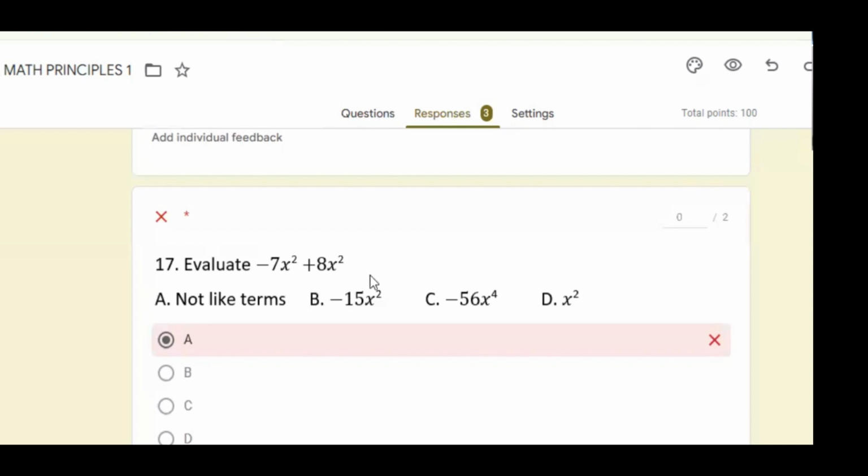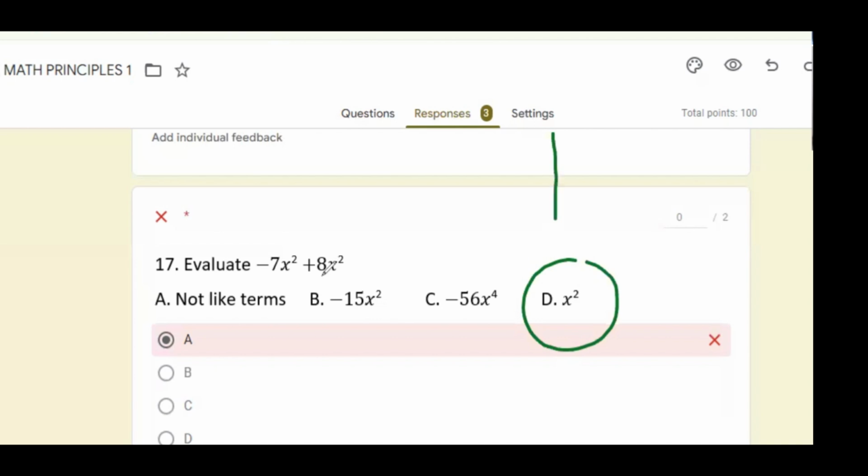It is supposed to be x to the power of 2, which is D. If you subtract 7 from 8, you have positive 1, right?